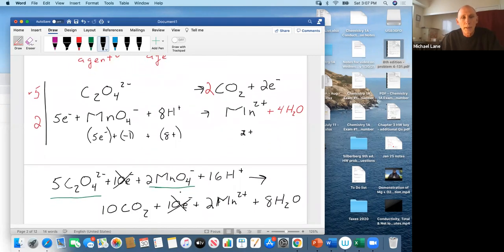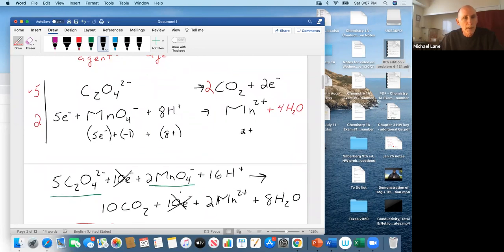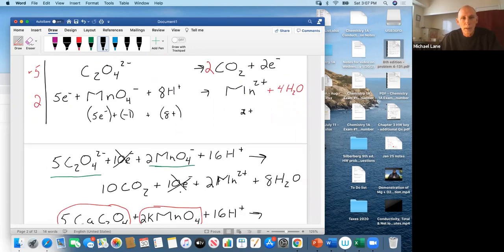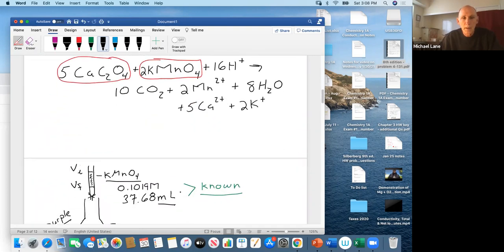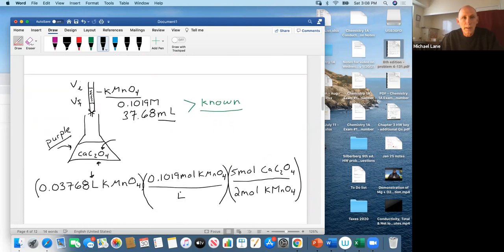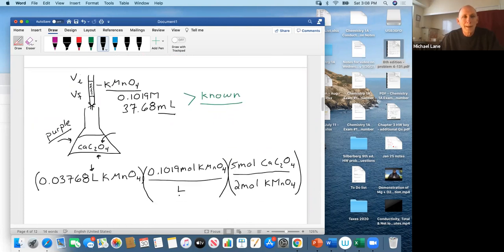I stepped through everything. You can anticipate a similar type of problem on the exam wherein you're asked to balance an oxidation reduction reaction. The other key thing here in the entirety of chapter 4 is titrations. And this is just one way that a titration problem can be set up. But these titration problems rely on the idea that you understand that a given concentration and volume are a way to determine number of moles.